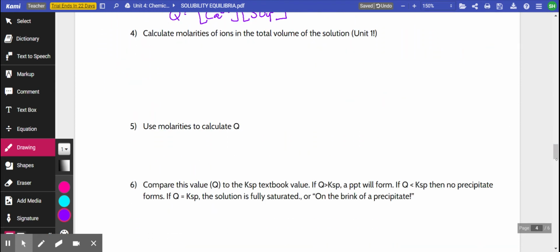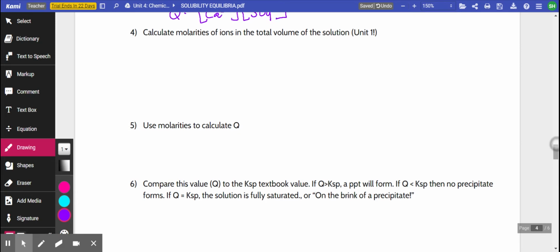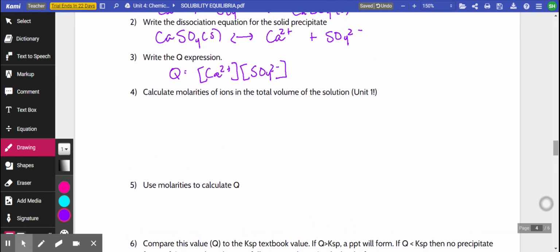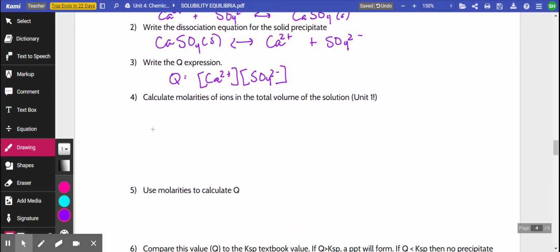Now we're going to calculate the molarity of the ions in the total solution. We have 2 ions in the solution, so we need to find the molarity of our calcium ions and the molarity of our sulfate ions, so we can plug them into our Q expression.